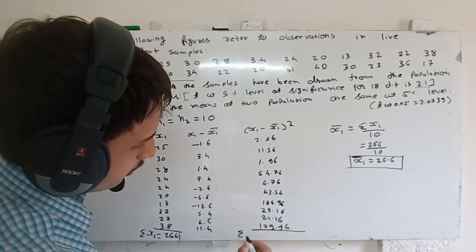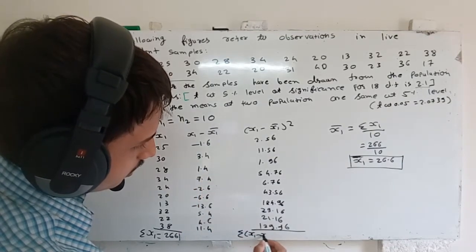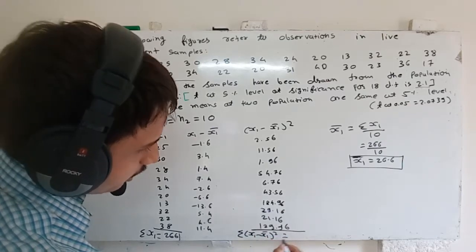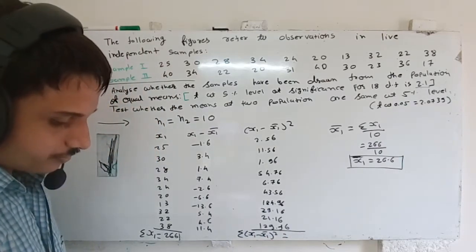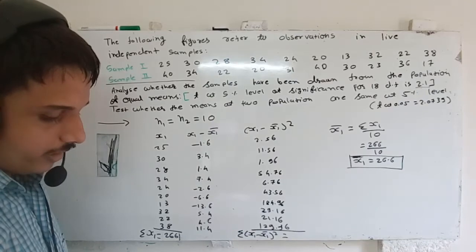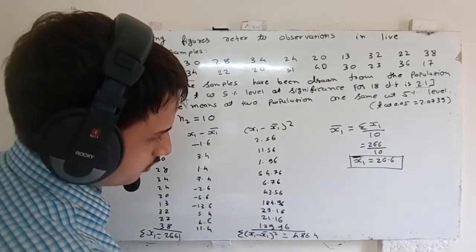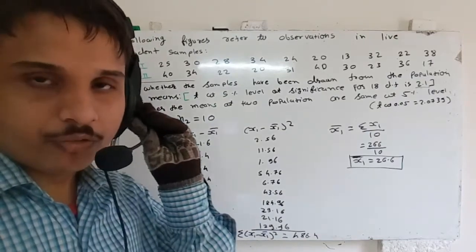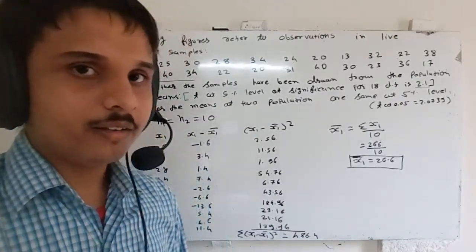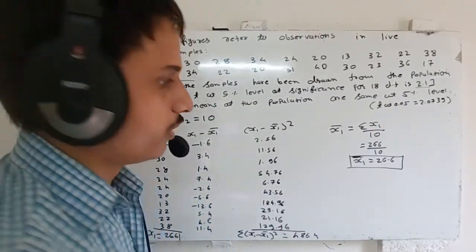So you will get sigma x1 minus x1 bar whole square equal to 486.4. Now from this value we will be able to determine the variance of sample 1.